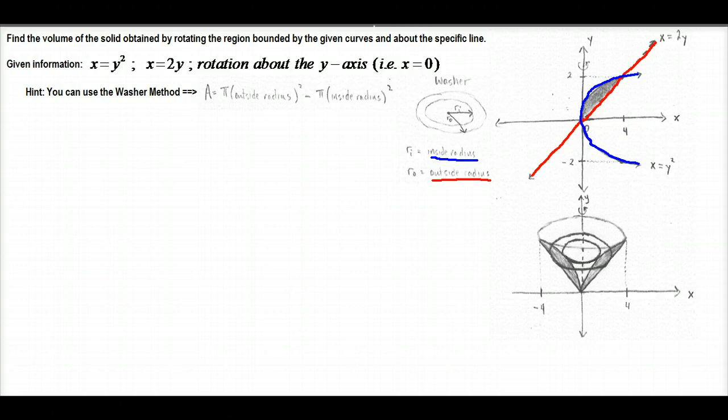What it does is it takes into account the area that's created by what's called the outer radius, or the function that is greater, and the area that's created by the inner radius, which is the function that is less, and it takes the difference of those.